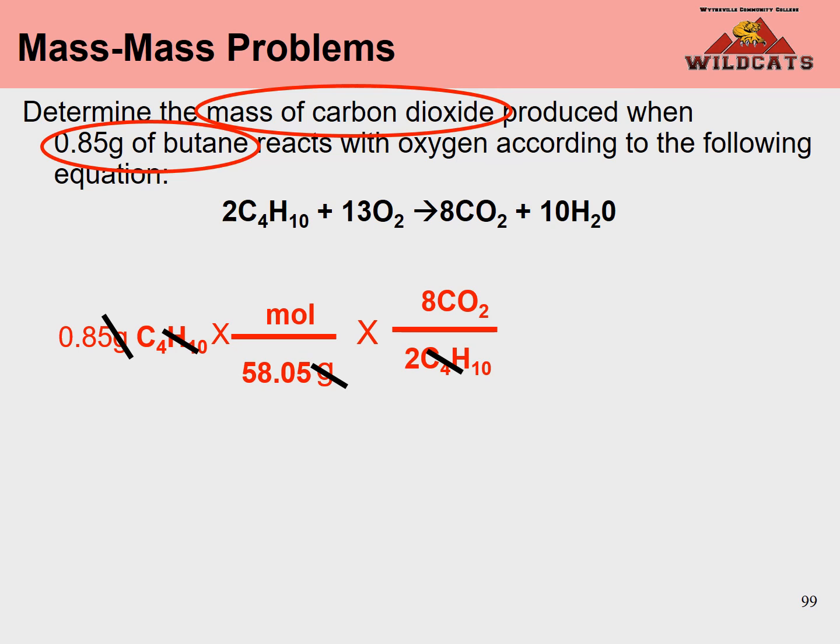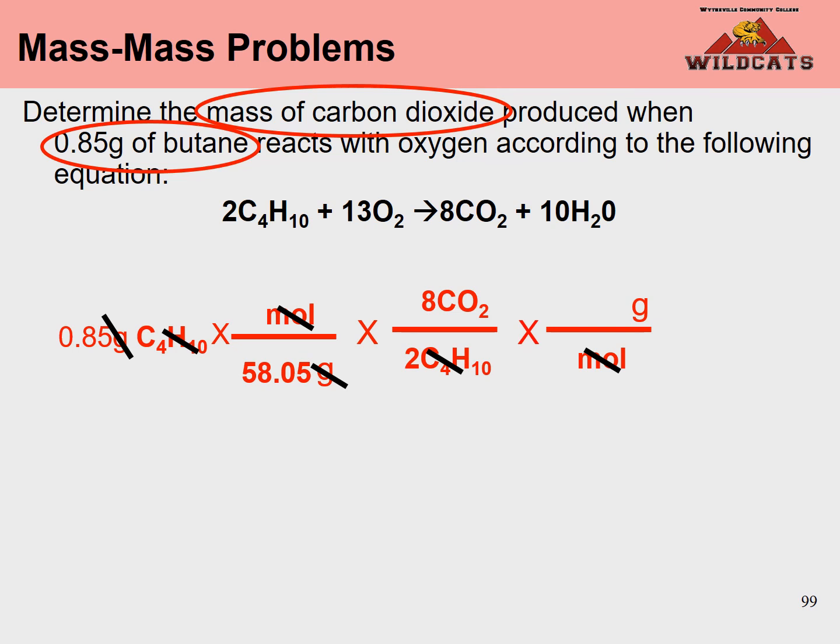If we were taking a look at the gas laws, we'd stop here and then just plug this into an equation called the ideal gas law equation. But we're looking for grams. So let's get rid of those moles. We're looking for grams, so I'm going to look directly to the left. I need the mass of the formula that's to the left.